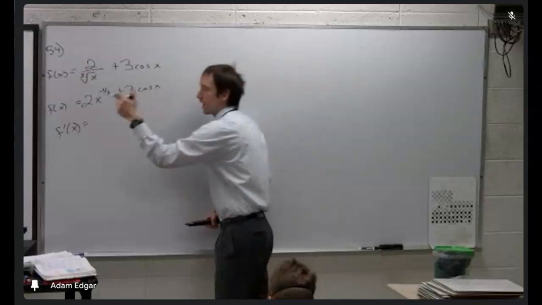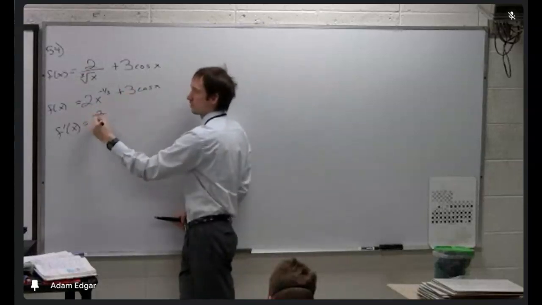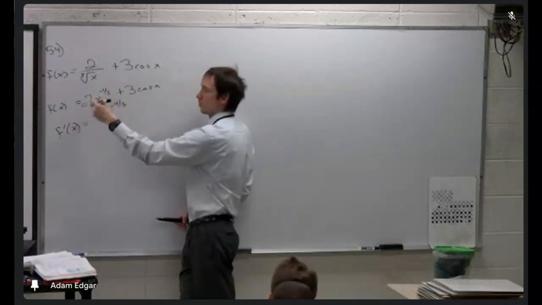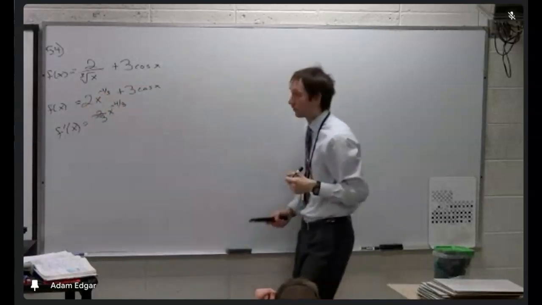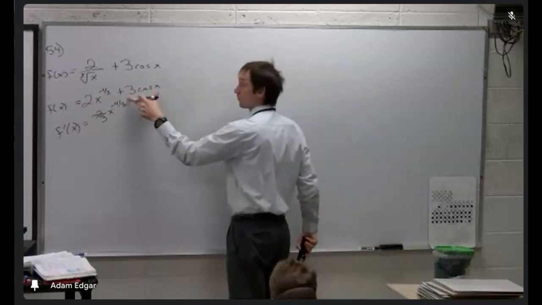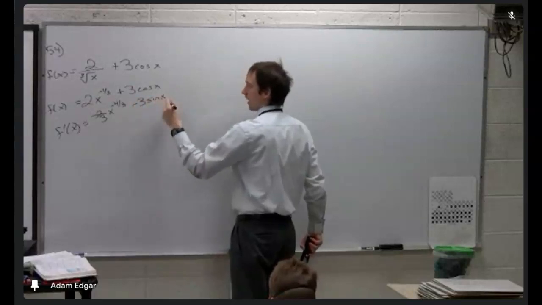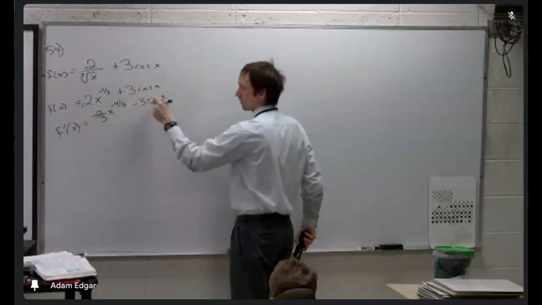What happens with this term? Yep, so negative 1/3 times 2 is negative 2/3. Get good at subtracting 1. Negative 1/3 minus 1 is negative 4/3. And then what's the derivative of 3 cosine x? Minus 3 sine x. Because the derivative of cosine is negative sine, times 3 is negative 3 sine.